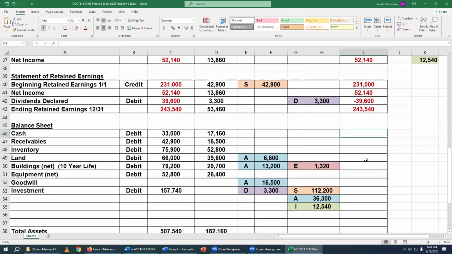Coming down here. Plus these two, plus debits, minus credits. So on the balance sheet, these will all be pluses.